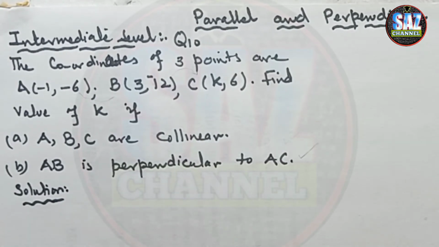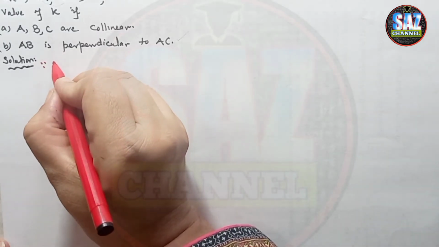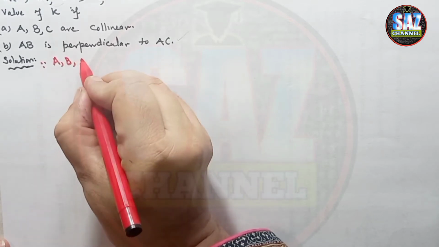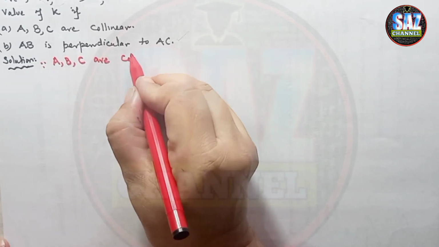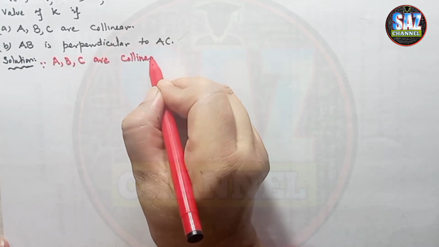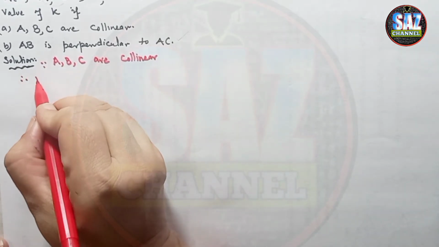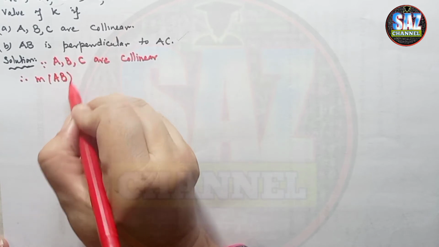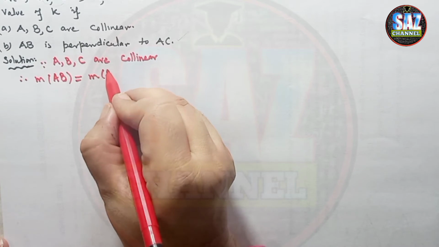In the first part, because A, B, C are collinear, it's already given, therefore the gradient of AB will be equal to the gradient of BC.